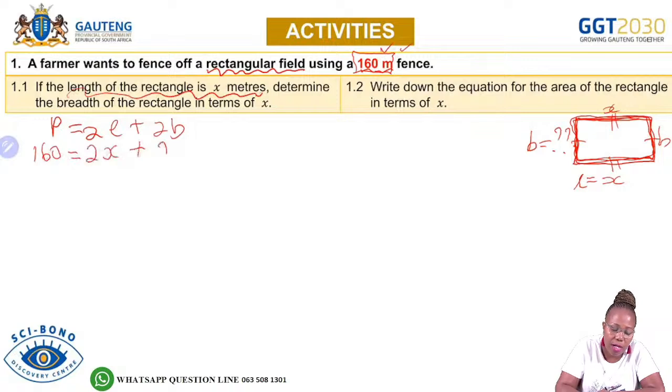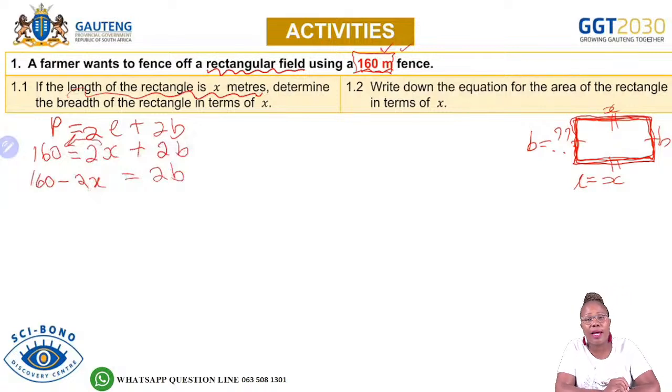And then now we need to find the breadth in terms of x. So look at this, grade 12. You are looking for the breadth, not 2b. So we are going to transpose this 2x to the side. It will be 160 minus the 2x equals to the 2b left on the right hand side. But we don't need 2b, we need b.